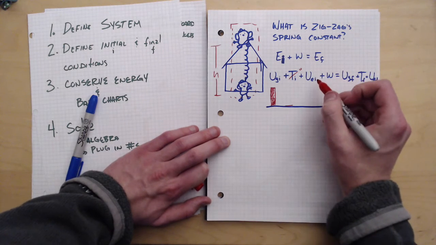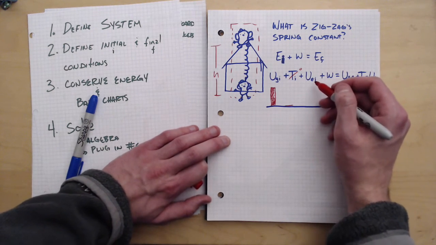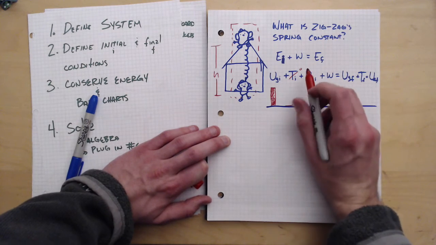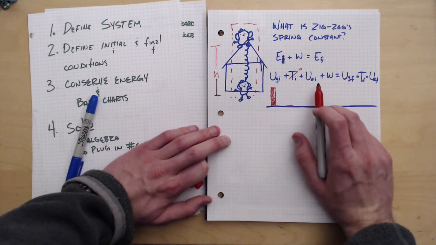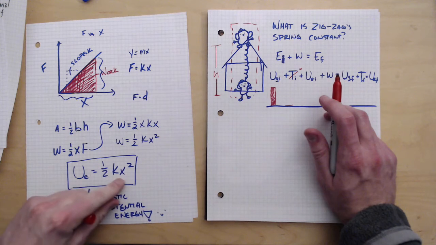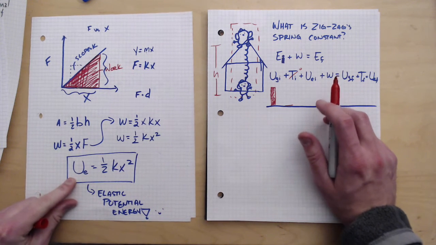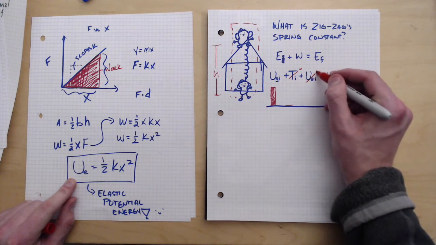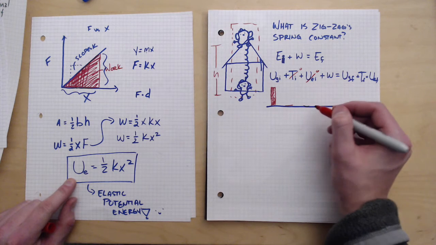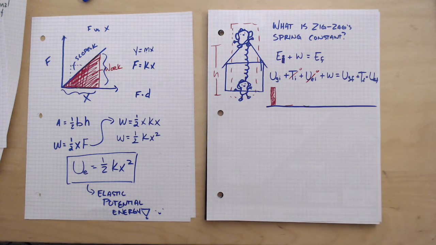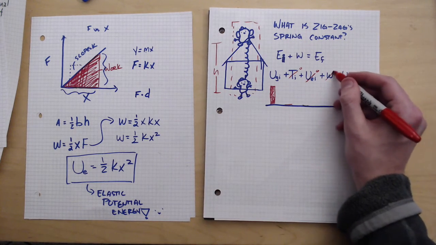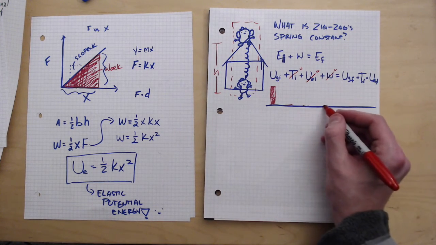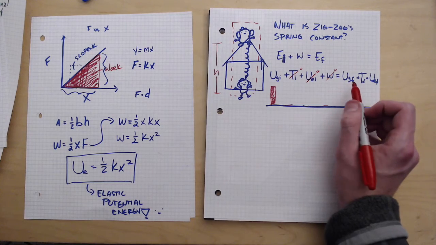We said that at the very top, Zigzag's spring isn't going to be stretched out at all. The stretch is 0. That means that the energy stored must also be 0. Now, Mr. Potato Head isn't wearing a jetpack or anything like that, so the work done by outside forces is also 0.